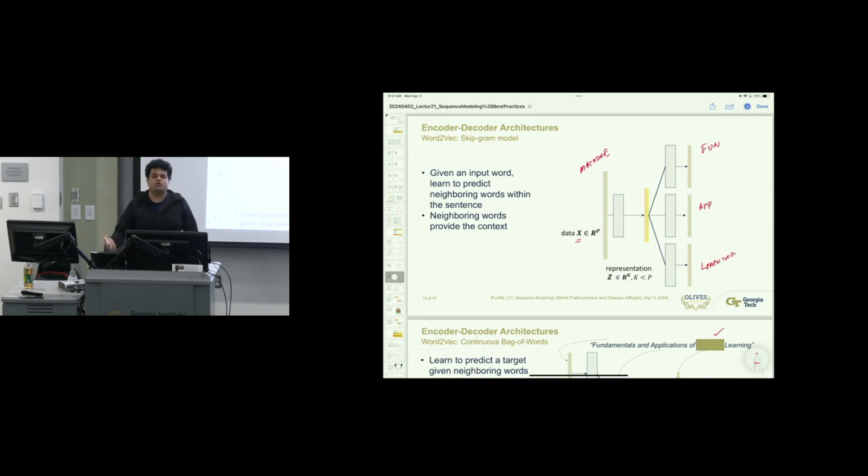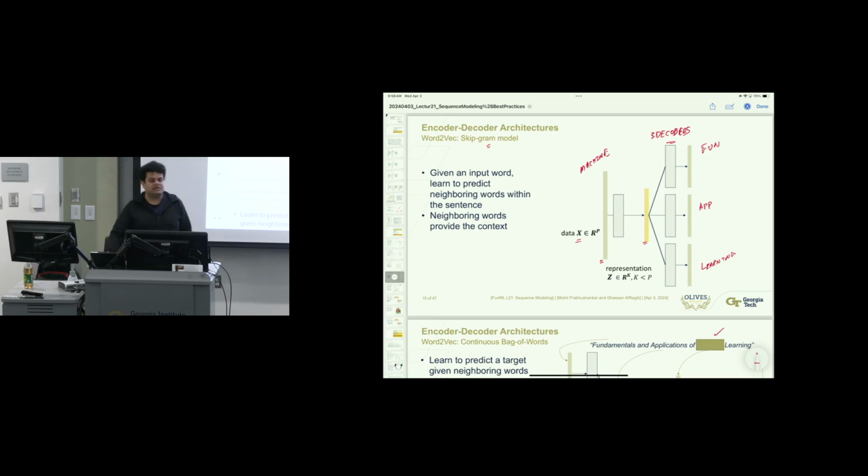This is essentially what you will be constructing in this kind of encoder-decoder architecture, where given a single word, machine, you have a single embedding, and from that space you construct three different decoders. The outputs are the words fundamentals, then, and applications of machine learning. The word machine is not in the outputs, but the word learning is. This is what we call skip-gram models.